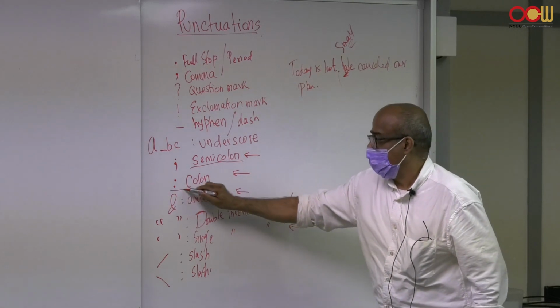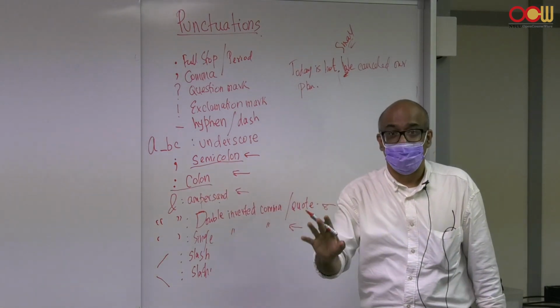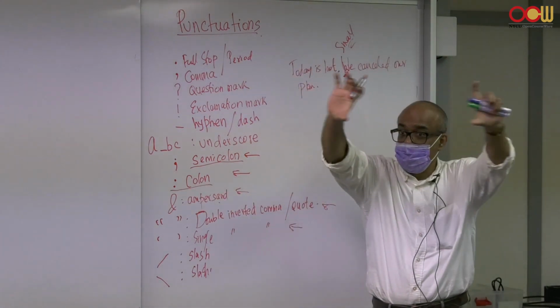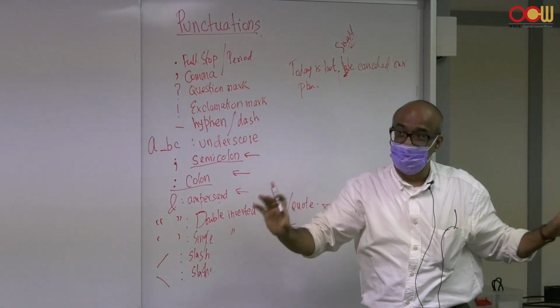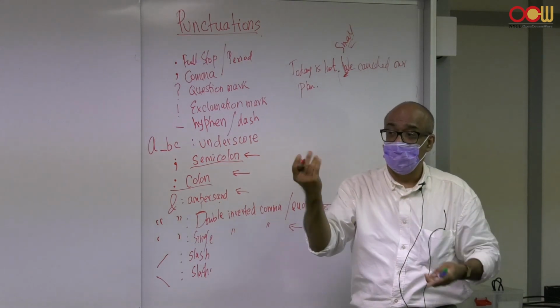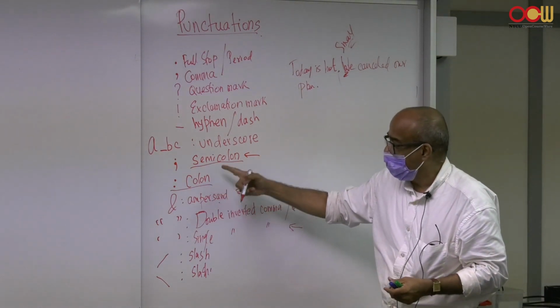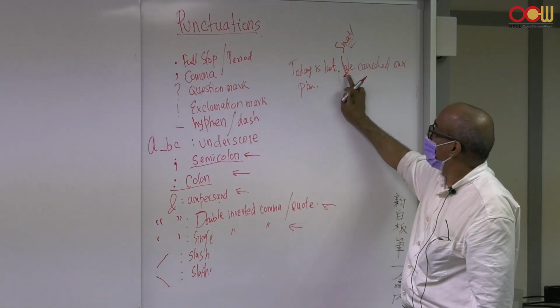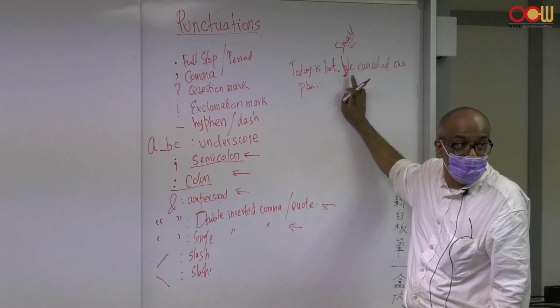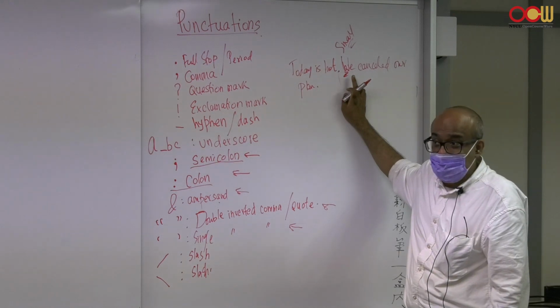Colon. What is a colon? Colon sometimes we have to use, especially in the title. You have a thesis title or a paper title, a colon needs to be used. So how is a colon used? A colon is also very similar to a semicolon. But the thing is, this word needs to be a capital.